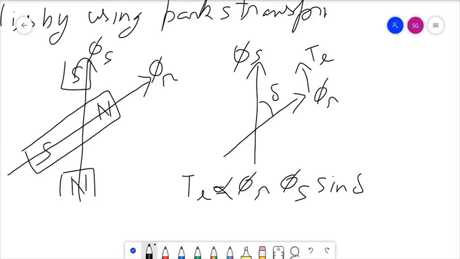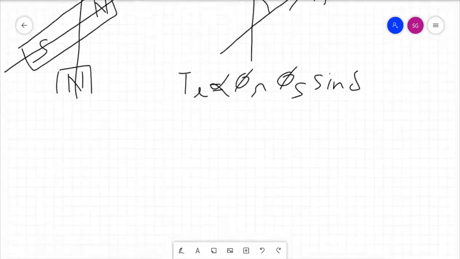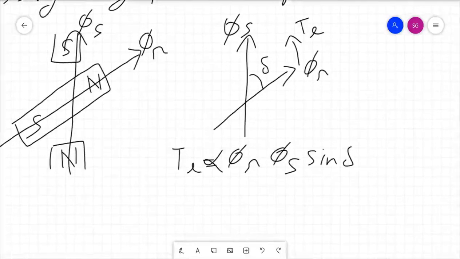Now, let us talk about a reference frame that coincides with this rotor, and see how things are going to change. This is a stationary reference frame, so let us talk about a rotating reference frame.